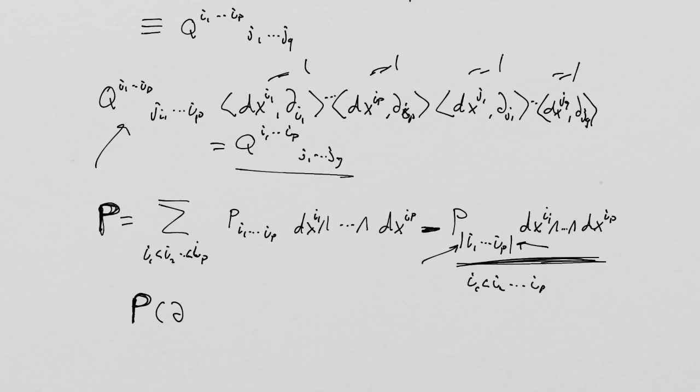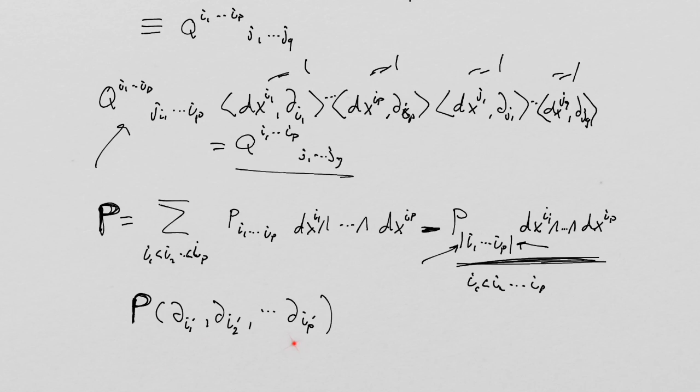So I would say delta i1 prime, delta i2 prime, delta ip prime. So I've stuck into the tensor, it's this P form, but it's a tensor. It gobbles up P vectors, so I put in P vectors. Well, what P vectors am I going to put in?